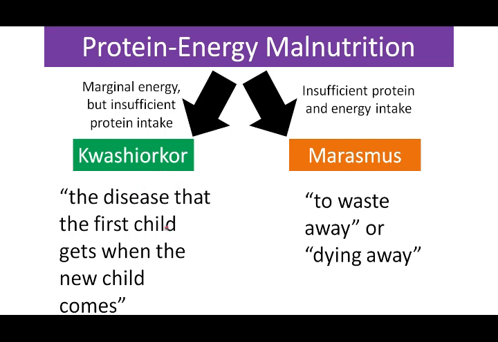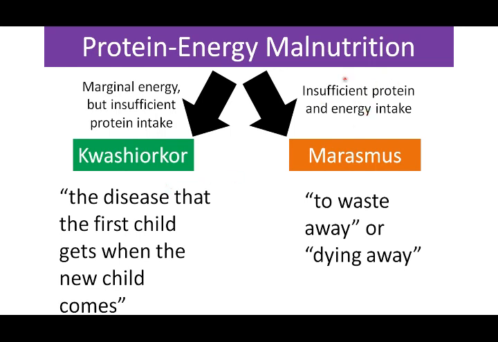It usually happens in those tribes when the second child comes and all the attention is given to the second child, and the first child suffers from protein deficiency. So you can logically remember that the age group of kwashiorkor is about 2 years and so on, when the child becomes older.